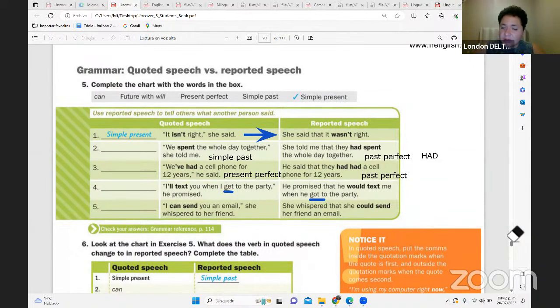Ay, perdón, se lo envié a Carla. Okay, so you will need to say like this, right? Javier said that they, ¿y cómo cambiamos will? That they would. Will, aquí lo pueden ver, está aquí mismo, ¿verdad? En la pantalla. Will changes to would. Okay, please correct your sentence.